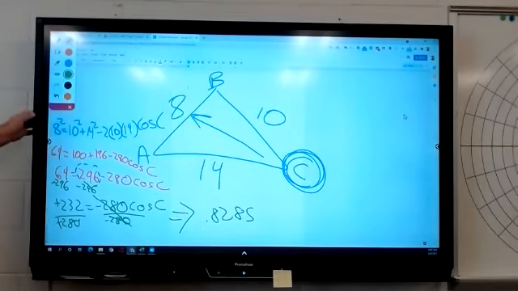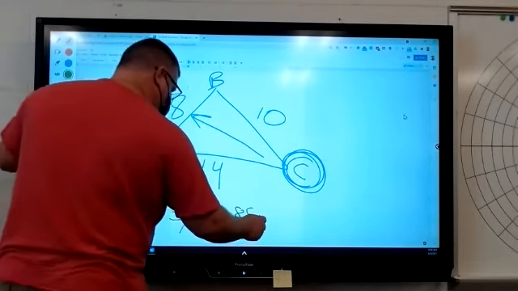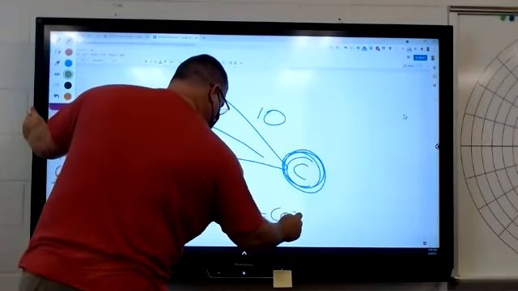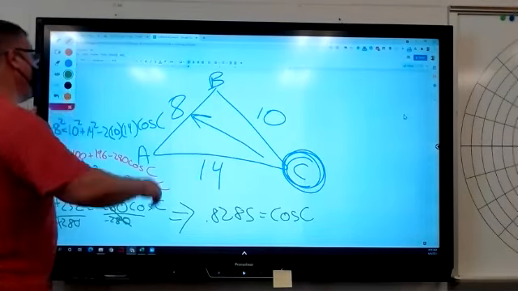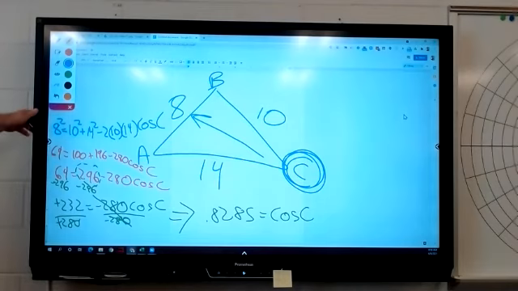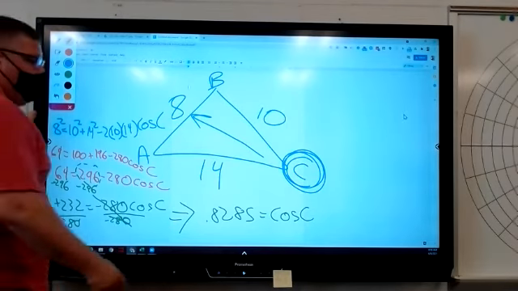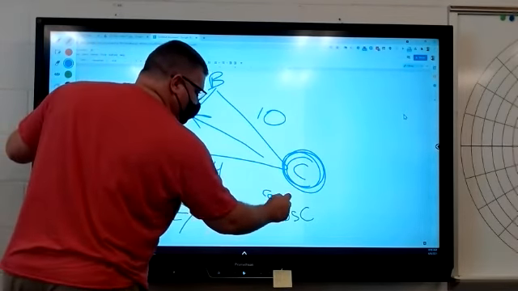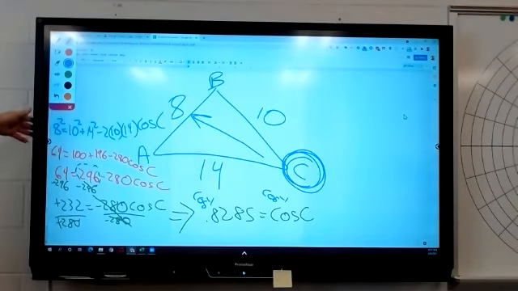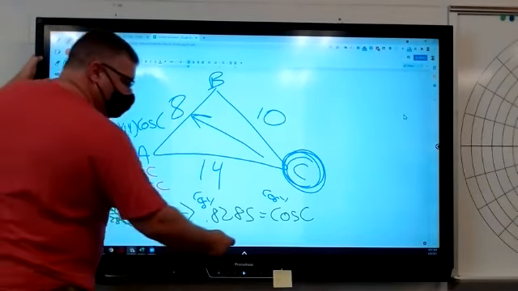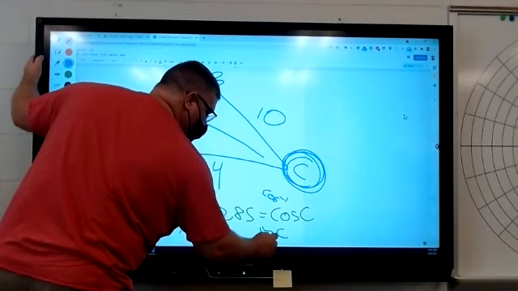How come I'm wanting to go about 4 spots? So you can round, so that when it asks for me to round to the nearest tenth, am I going to be okay? Okay. So now, finally, Gardner, what do I do? That's right. Okay, cosine inverse of 0.8285 is 34.055.